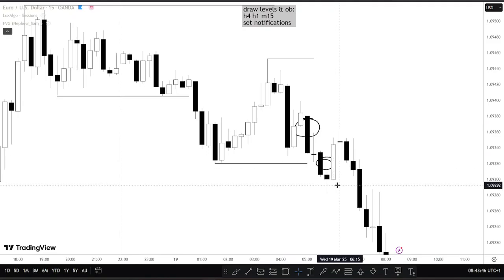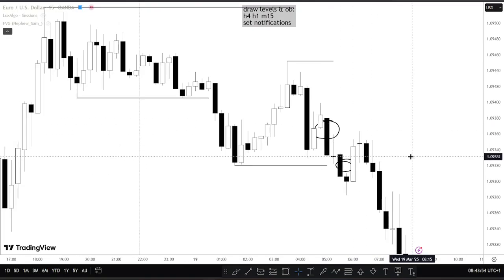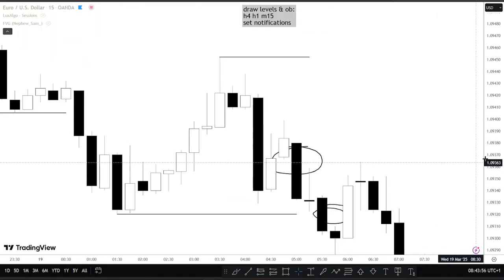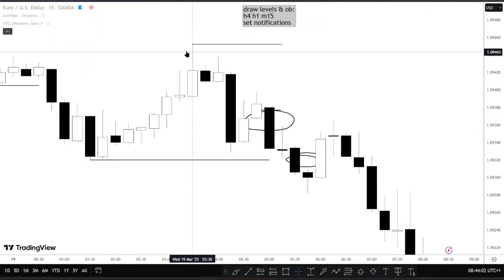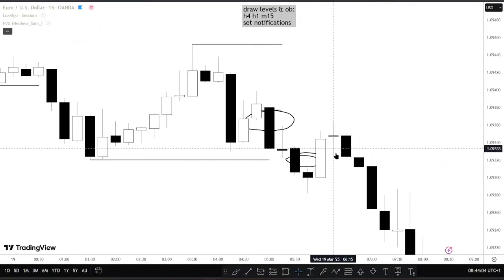Yeah, and what happens? Okay, we come back into the first one, absorb. Okay, we come to the second one. Look, this spinning top or doji candle here. Come back into the level. In this case, if power is down, then this candle is continuation, confirm.